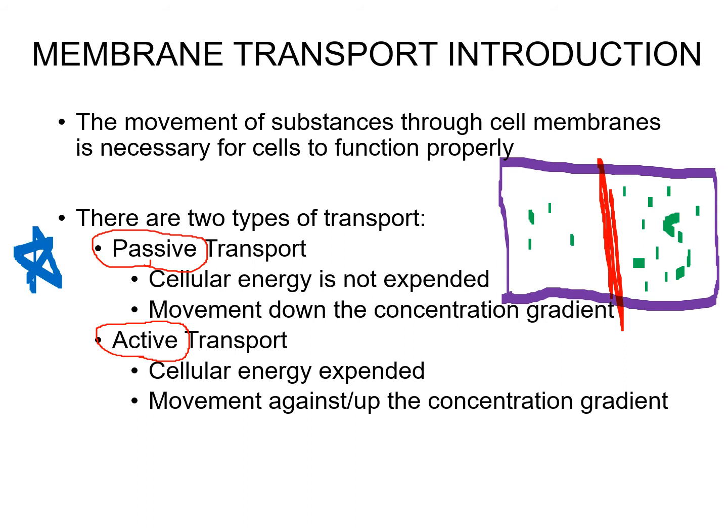Now, sometimes in the body, what we like to do is we like to take some of these little things and we like to push it to the higher side, which increases the concentration gradient. It makes the imbalance worse.